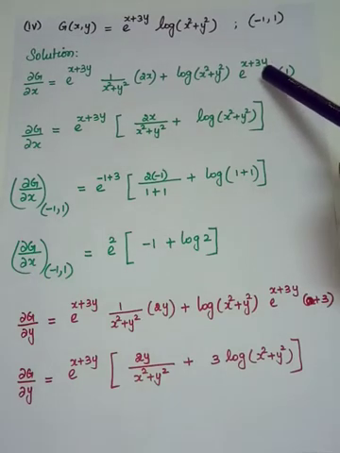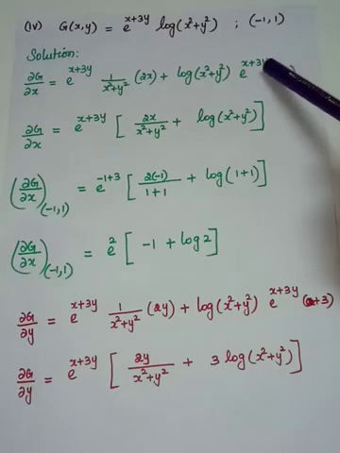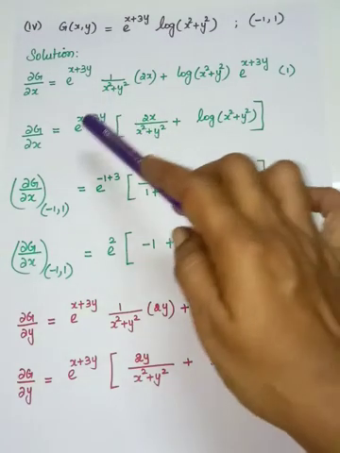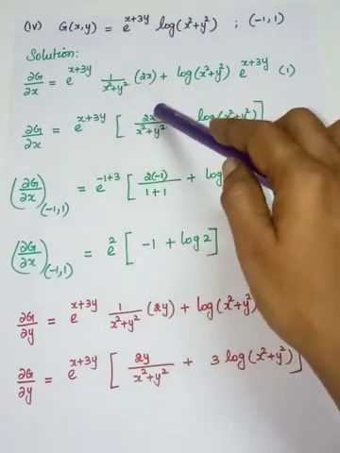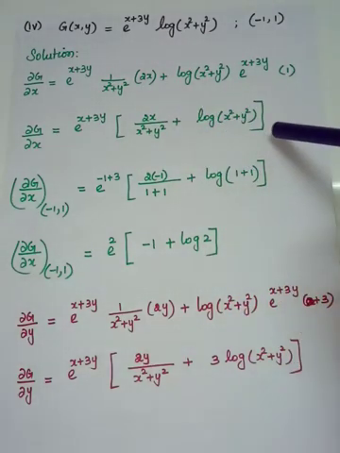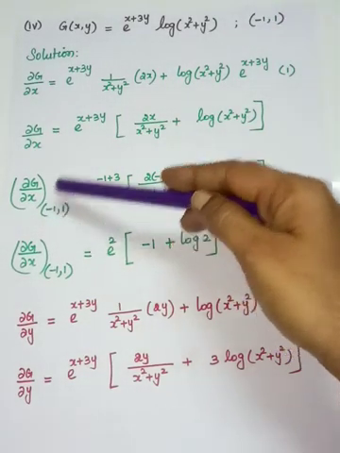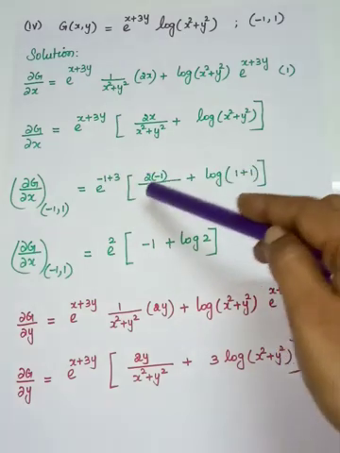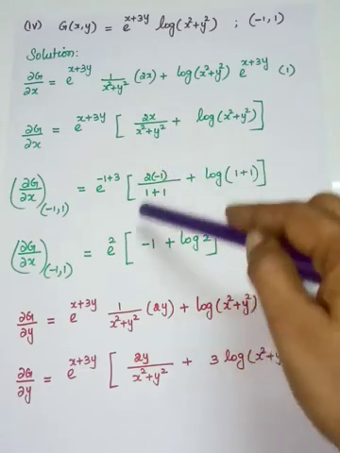And come to the second term, 3y, y is a constant now, so 3y whose differentiation is 0, so into 1. So from these two terms what is common, e power x plus 3y is common. So what is remaining here: 2x divided by x squared plus y squared plus log of x squared plus y squared, and you have to substitute this point. So in the place of x you have to substitute minus 1, in the place of y it is 1. So e power minus 1 plus 3 into 2 into x place you have to write minus 1. Here minus 1 the whole squared is 1.